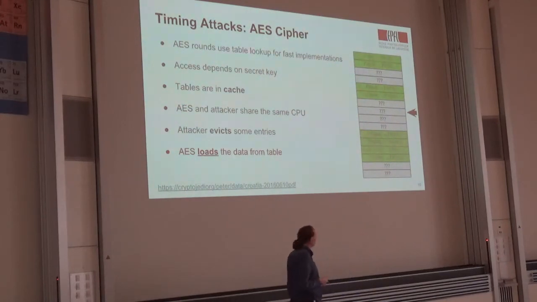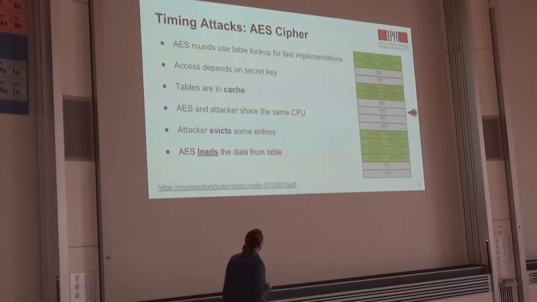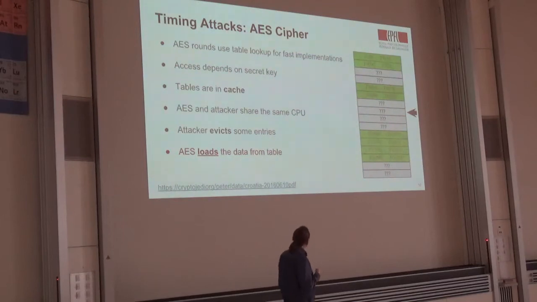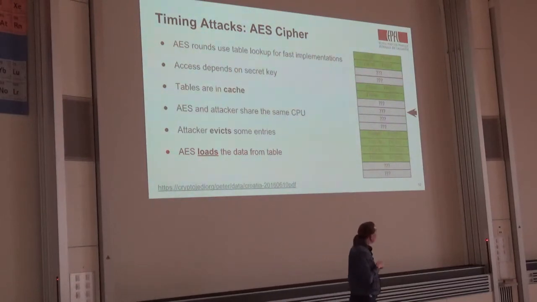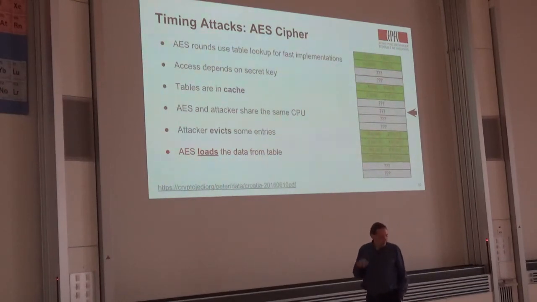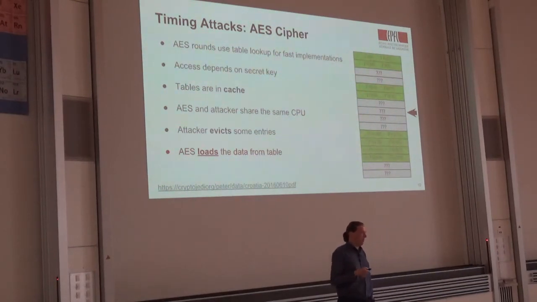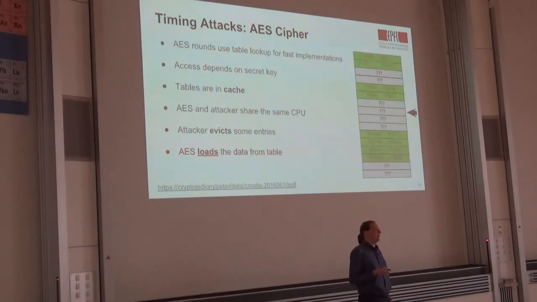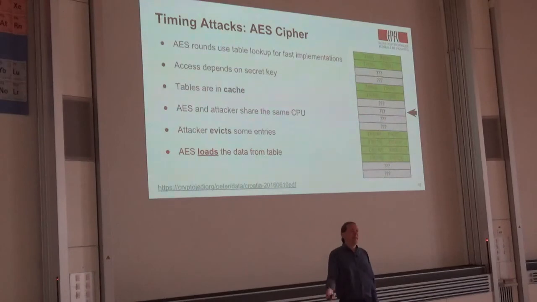And so the victim process runs its AES code, and that AES code does memory loads from one or more entries of that table, right? And whenever the AES code loads from the table, because the AES table has been evicted from the cache, those are going to be cache misses.